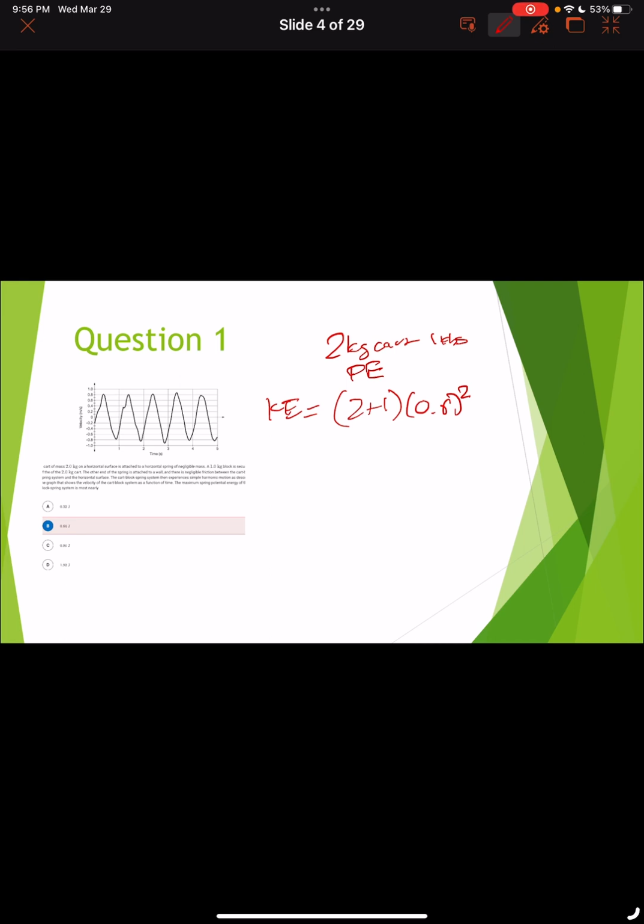So this is the maximum kinetic energy, and that would be equal to potential energy. Solved out, this would be equal to 96 joules, which I had incorrectly stated would be 64 joules, because I did not add the masses of the cart and the block. These are the notes to support that.